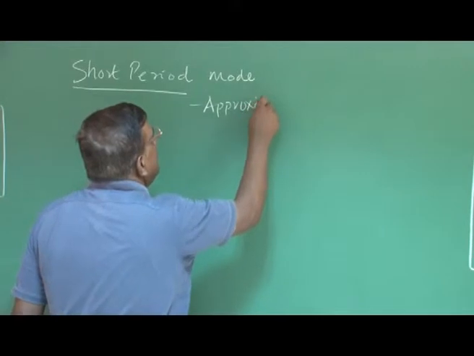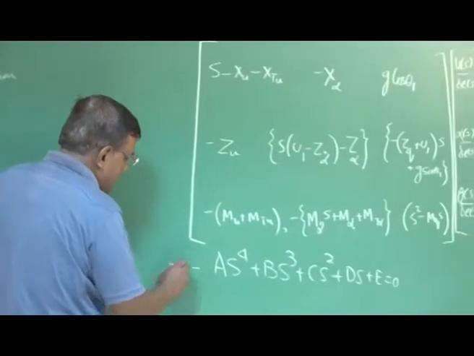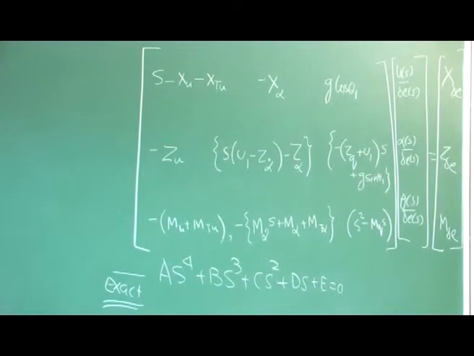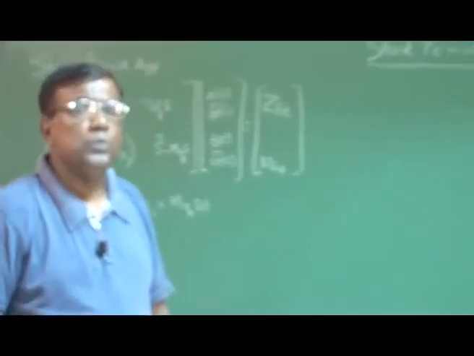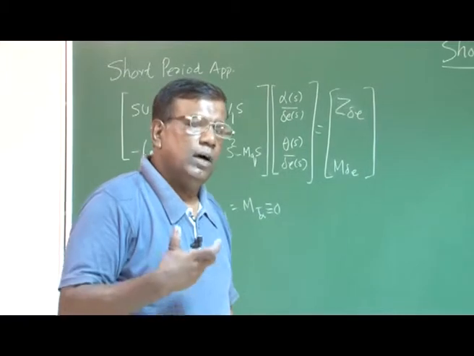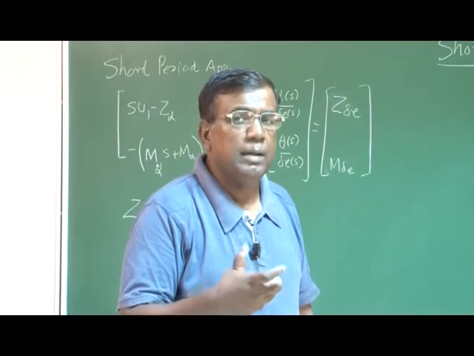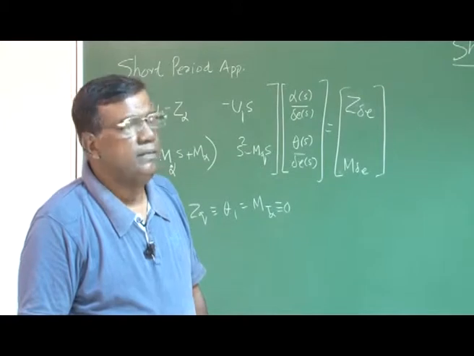this is important, this is the approximation, because the exact is here. You have to find the roots of this equation, and generally for business type aircraft, conventional aircraft, you will find that it has two pairs of complex conjugates, and in one complex conjugate pair the real part is largely negative compared to the other pair, and we try to understand the physics behind it.